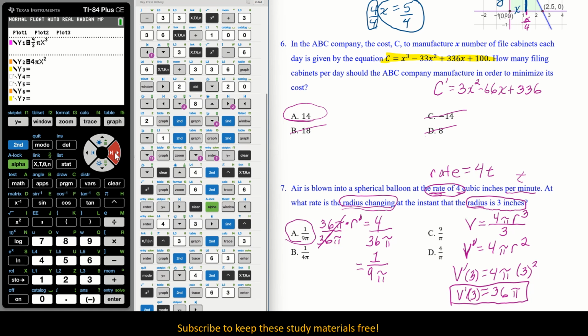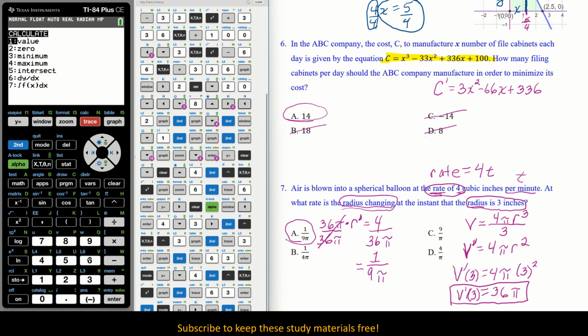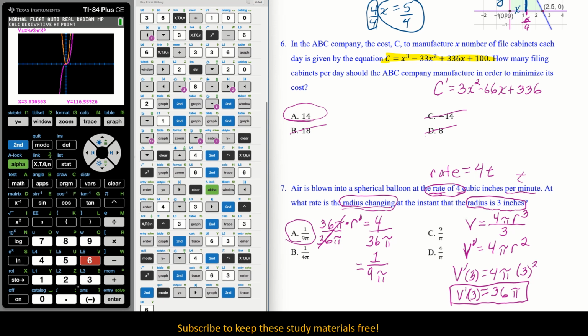In this situation, we're better off getting it by hand. Let's graph this and use our second trace, number 6. Let's do it at 3. Enter, and it doesn't give us that value we need, the instantaneous rate of change.